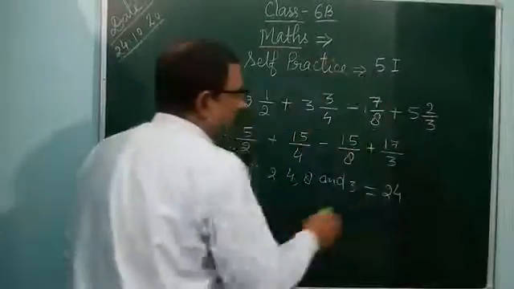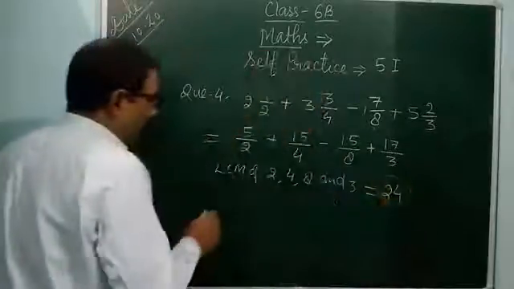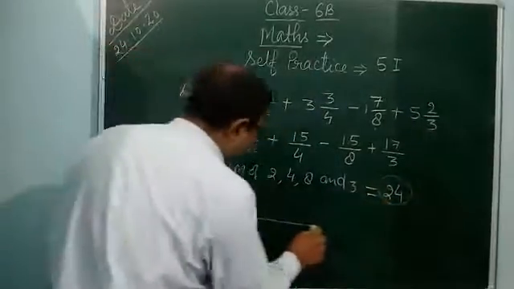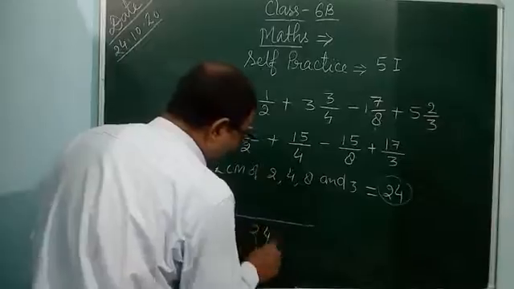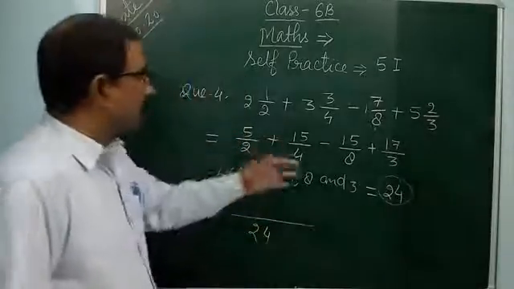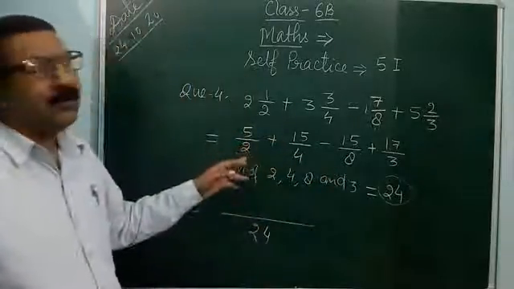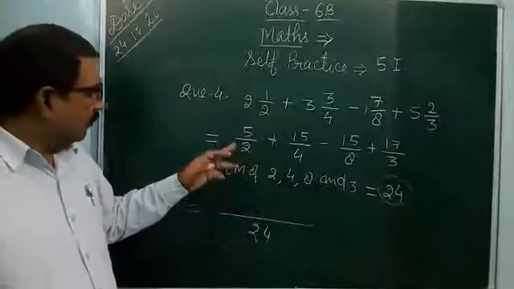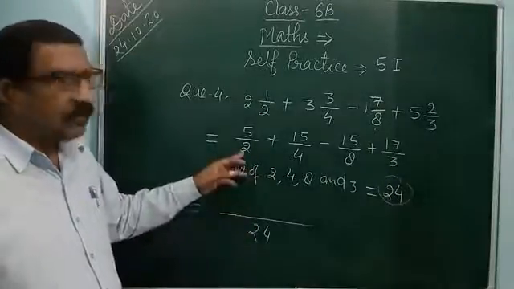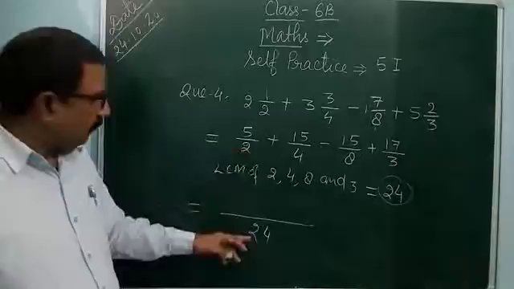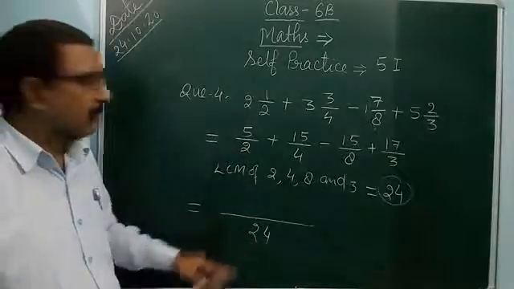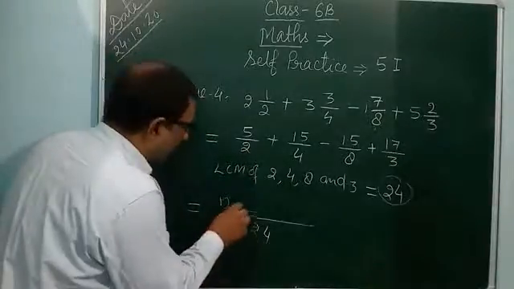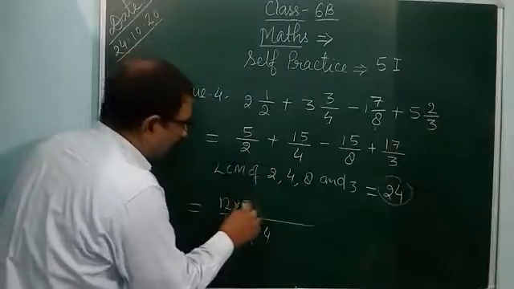After that, you can take LCM one time here, 24, and you divide LCM by the denominator. So you divide this 24 by 2, 2 twelves are 24. 12 times comes, multiply by numerator 5.